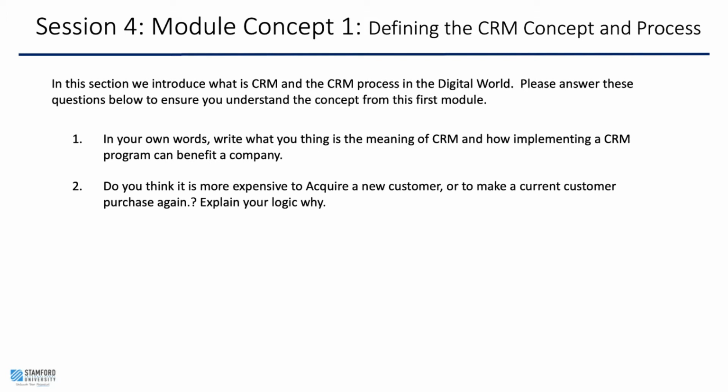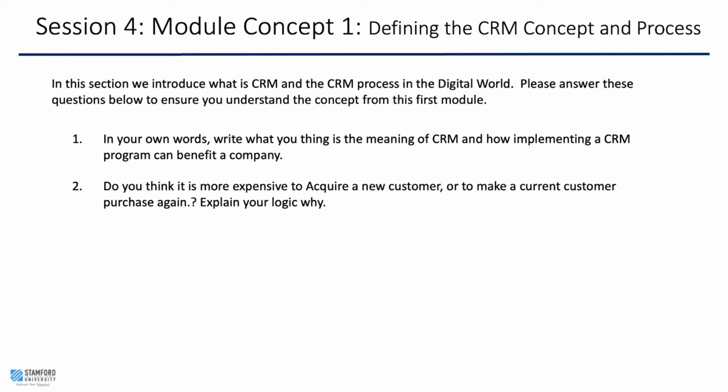And this brings us to the end of the first module concept. So what I'd like you to do is complete this short assignment and let's run through it. All right, so in this section, we introduce what is CRM and the CRM process in the digital world. Just answer these following questions. Number one, in your own words, write what you think is the meaning of CRM and how implementing a CRM program can benefit a company.